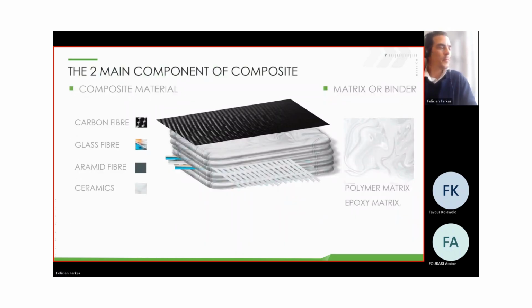The two main components of a composite are the composite material and the matrix or binder. The properties are the most important factor of use, so the unique properties are key. For example, carbon fiber has high stiffness.